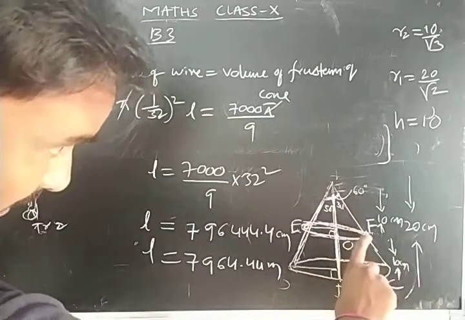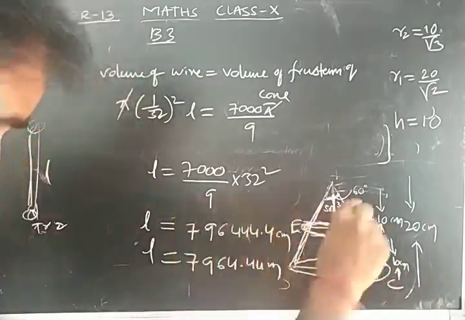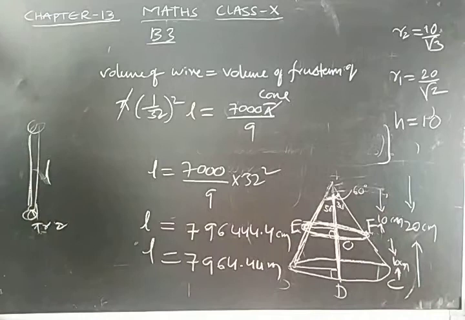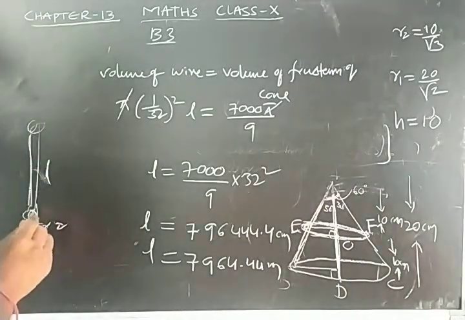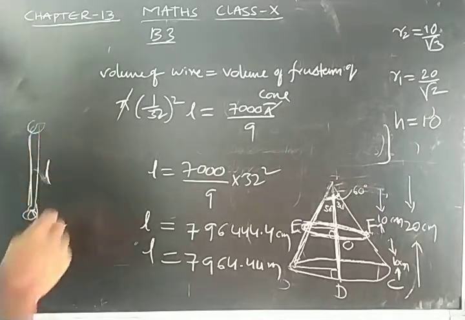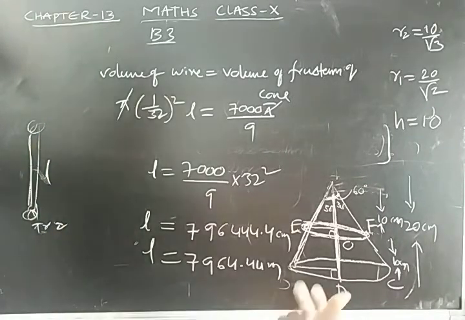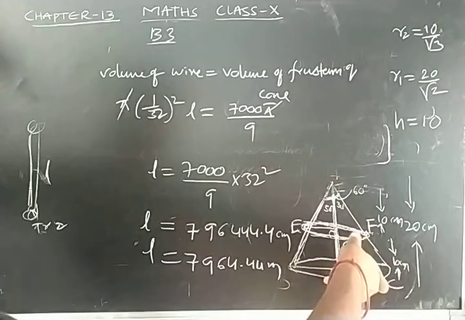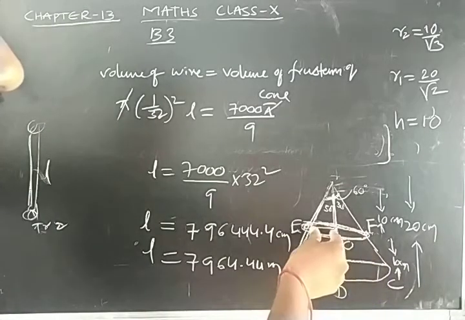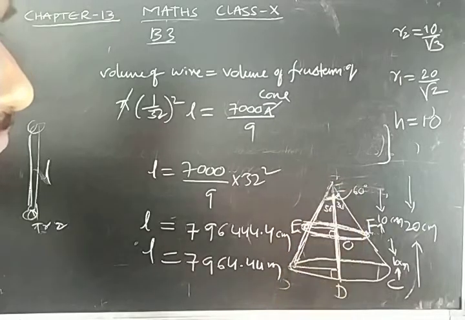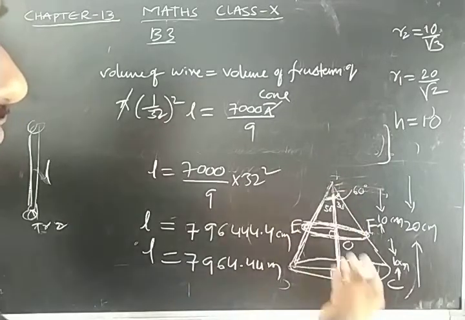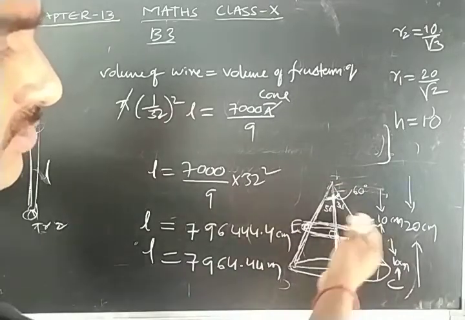This frustum part we are melting and recasting as a wire. The wire is in the shape of a cylinder, and it has a circular cross section. The diameter of the wire is given, and we have to find the length. For that we need the volume of the frustum of the cone, so we got R1 and R2 using the vertical angle and Pythagoras theorem, and then found the volume of the frustum.